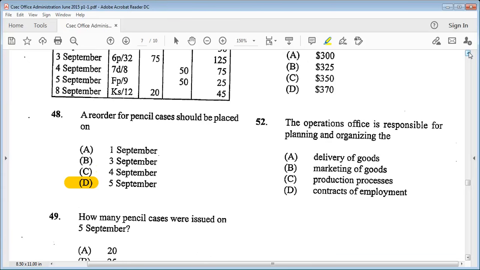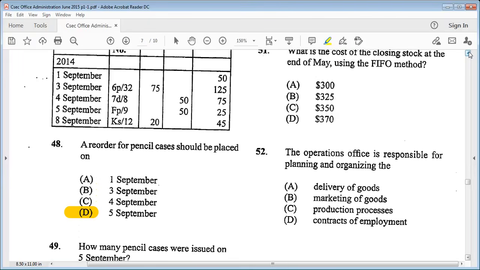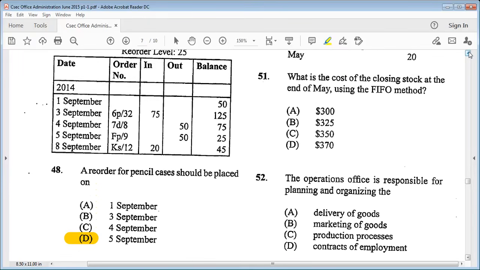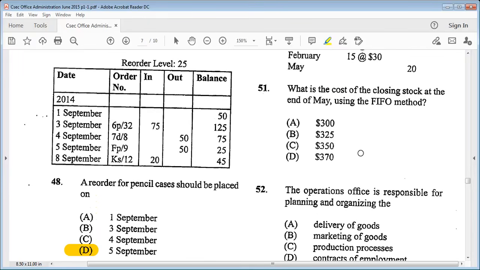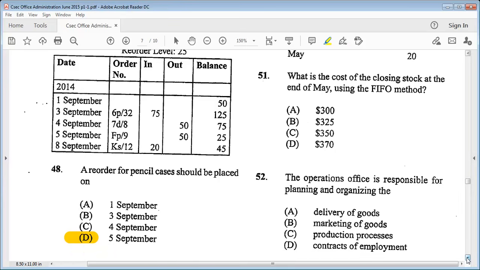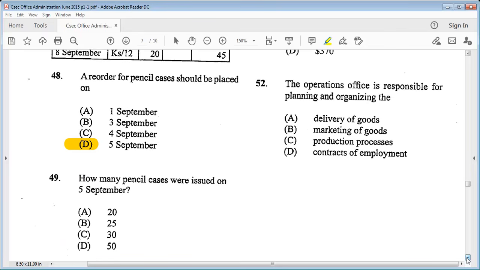So 50. So take away 50 from 20. So we are left with 30. How many pencil cases were issued on the 5th of September? So it was 50.